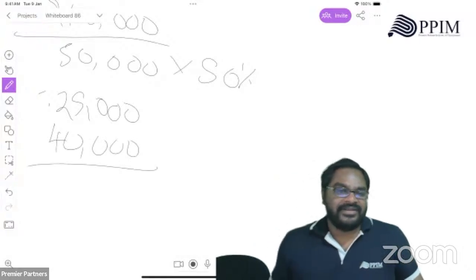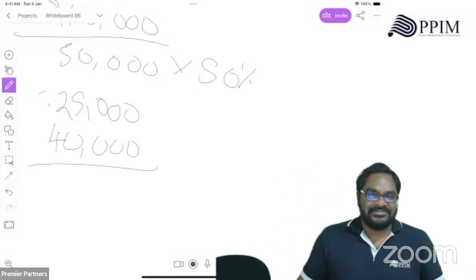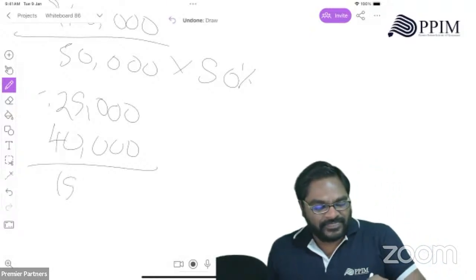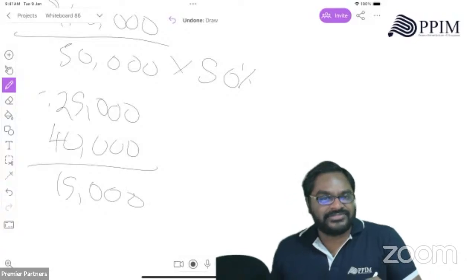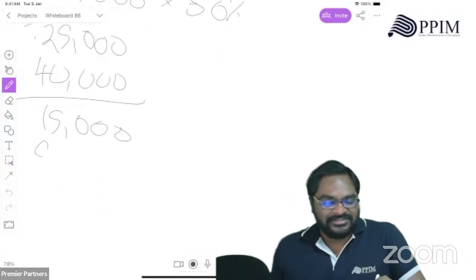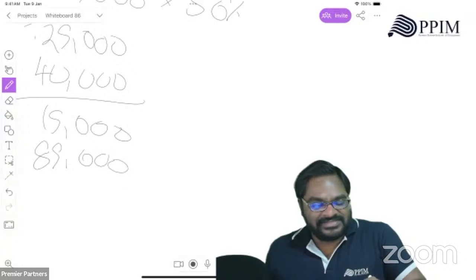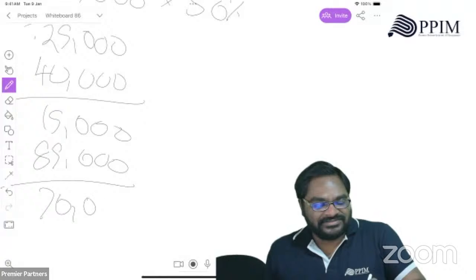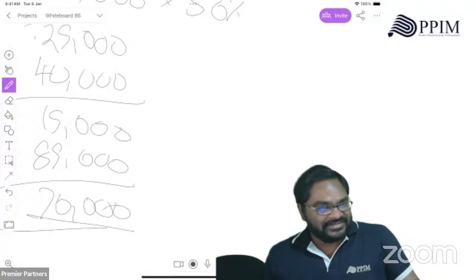That reduced by 25,000 means how much is the annual allowance? 15,000. How much is the actual contribution? 85,000. So how much is the excess which needs to get taxed? 70. Now are we clear?